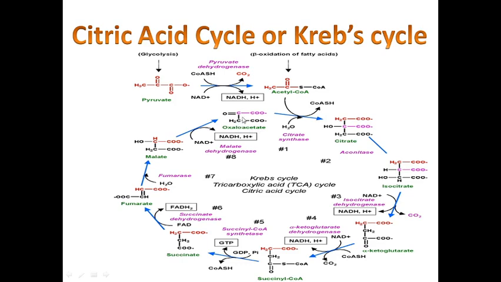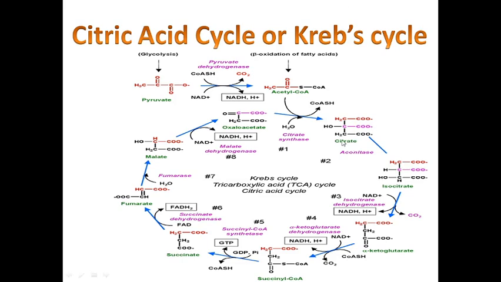Here you can see 1, 2, 3 and 4. It has 4 carbons, and it forms citrate or citric acid as the first compound.